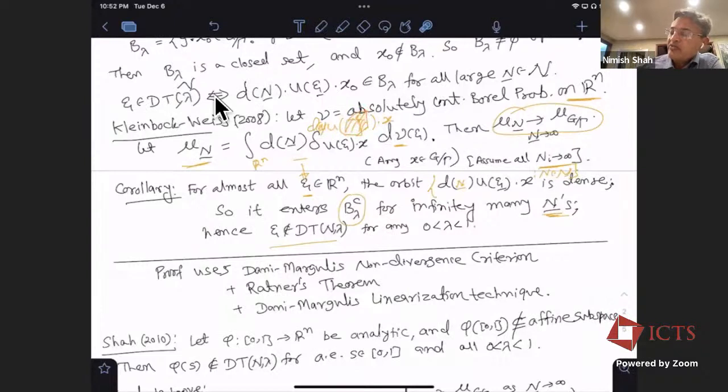If you just take a curve, it has measure 0. So this theorem doesn't tell you anything, because it's only about almost all C in Rn, but there may be a curve inside here which is exceptional for this kind of thing.